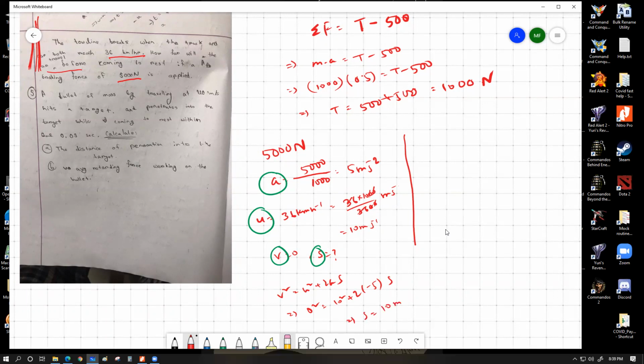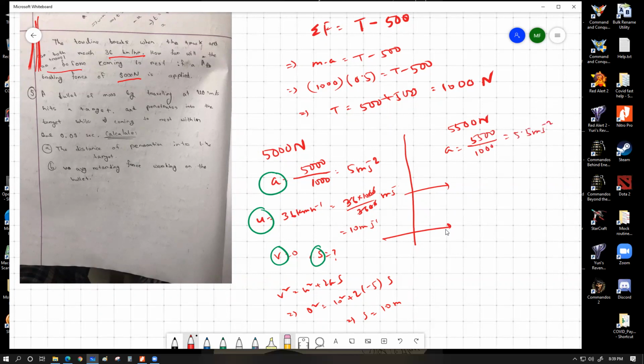Or vice versa, you could do the same variables over here with the same equation number, but we can consider, let's say, the total braking force to be 5,500 Newton. In that case, our deceleration value is gonna be 5,500 divided by 1,000, which is 5.5 meter per second squared.